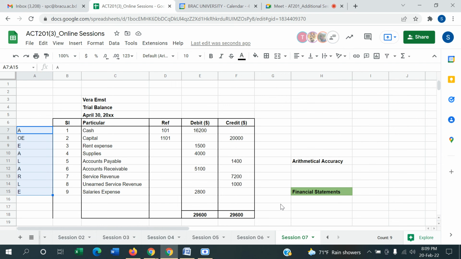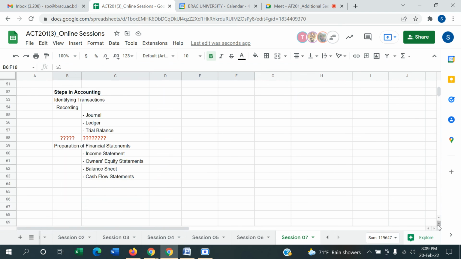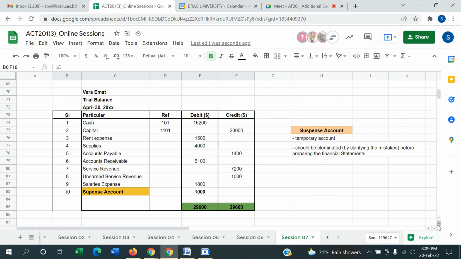We also prepare the financial statement from the trial balance, and that's why we definitely have to prepare the trial balance before moving to the next step. And before preparing the financial statement after the trial balance, there are some steps that will be discussed from the next session.